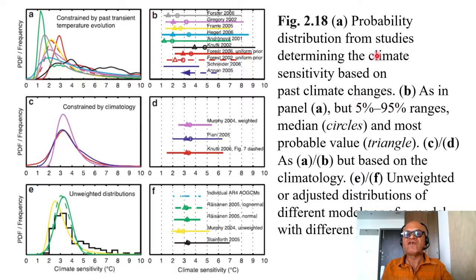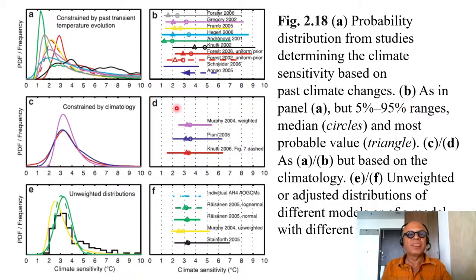So this is now finally the probability distribution from studies determining the climate sensitivity based on past climate changes. So sensitivity doesn't need to be constant through the long geologic timescales, because albedo and all of the feedbacks we talked about are different as well, right?